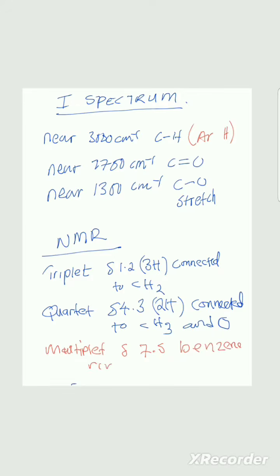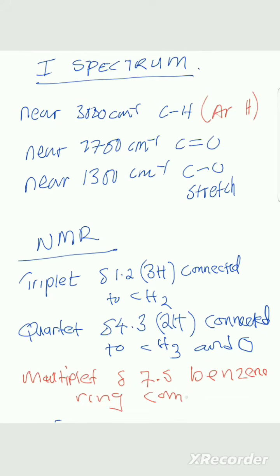So this is a benzene ring, which is connected to what? It is connected to the functional group, which is C, the carbonyl group, as you see. So having this data, we are able to draw the structure of this drug molecule which we want to analyze right now.